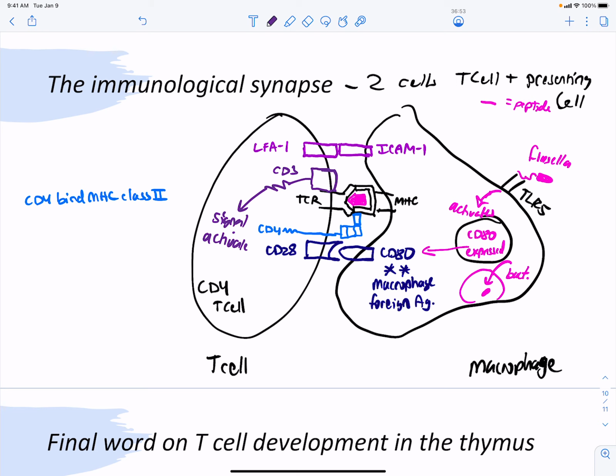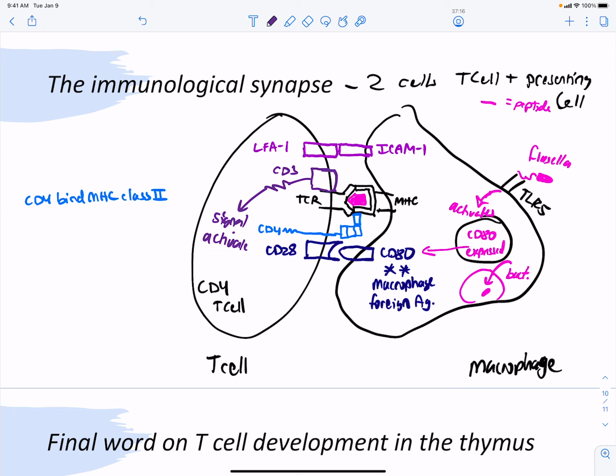Okay, so again, first thing that has to happen is your T cell receptor has to interact with MHC, has to check if the peptide matches. CD4 then glues that together by binding to the T cell receptor and MHC, and then you get the adhesion molecules gluing it together even tighter, saying these guys need to hang out and make sure they have to be activated.